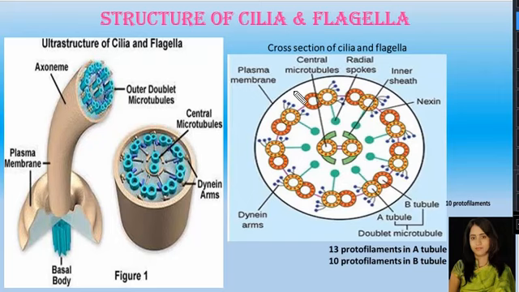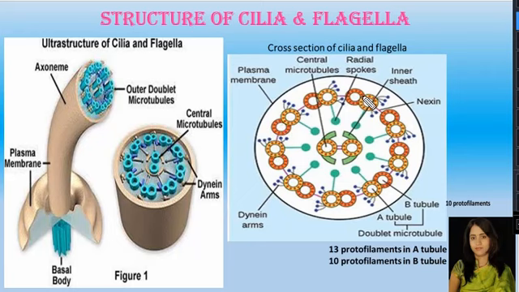Hence this arrangement is known as 9+2 array. What is this 9+2 array? In the center there are 2 microtubules and they are interconnected by a bridge which is made up of protein. In the peripheral region there are 9 doublets which run parallel to the axis.